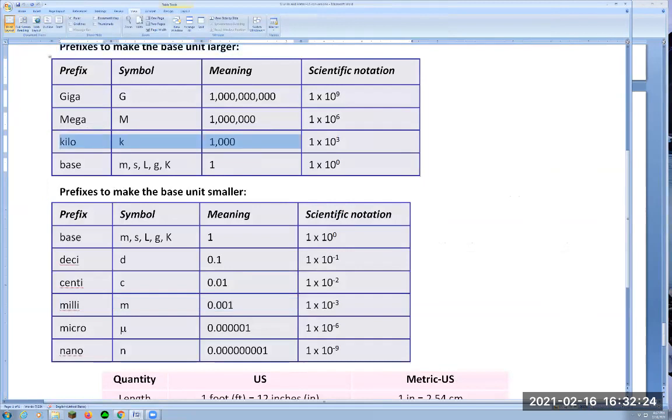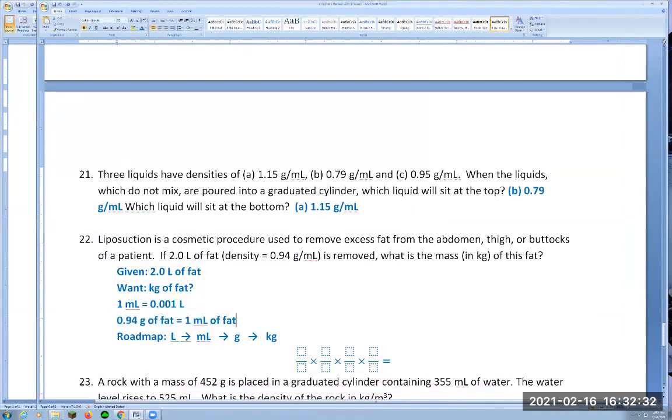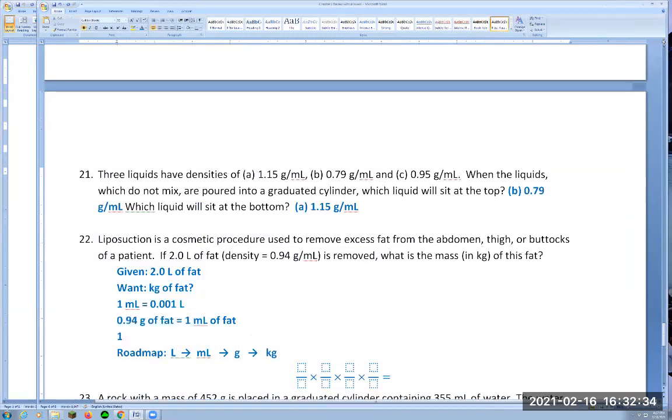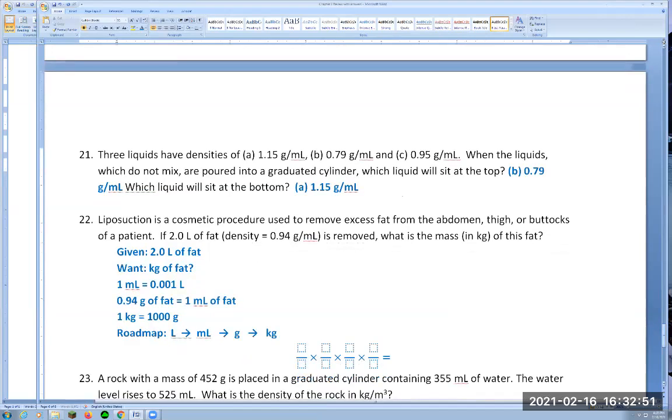And here, 1 kilogram is equal to 1,000 grams. So let's write this down. 1, and you see here the prefixed unit is the kilogram. So you give it the 1 kilogram, and you change the kilo by its value of 1,000, and you bring back the base unit of gram. So we are ready to do the calculation.